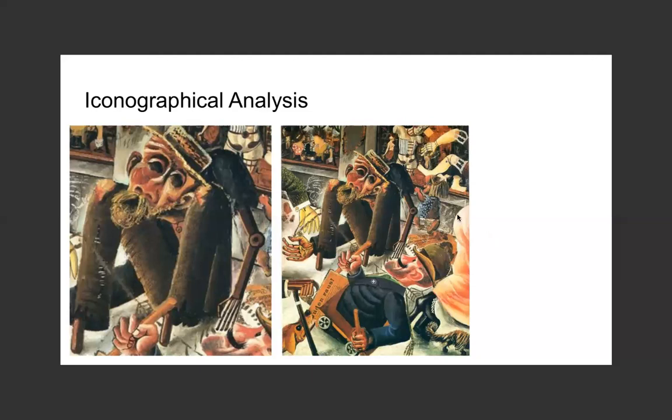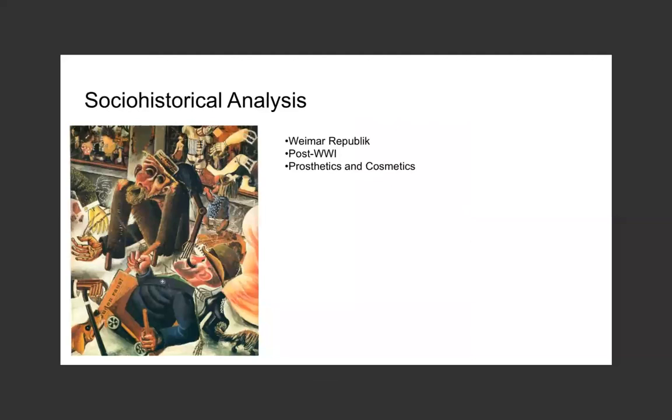And moving into socio-historical, I want to mention that in the back here we have these storefronts with prosthetic limbs in them too, and in the top left, cosmetic products.